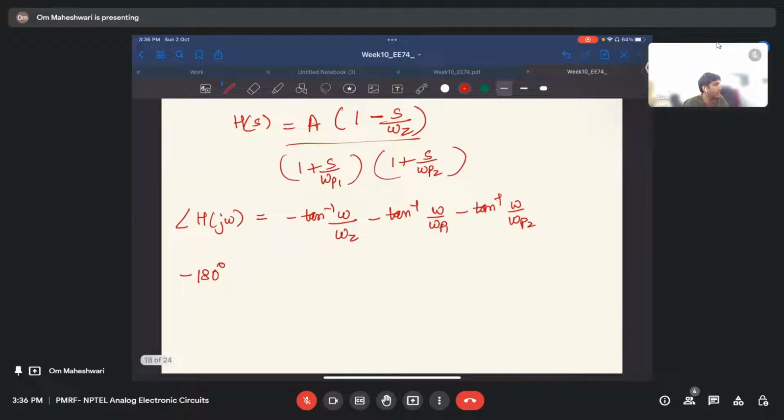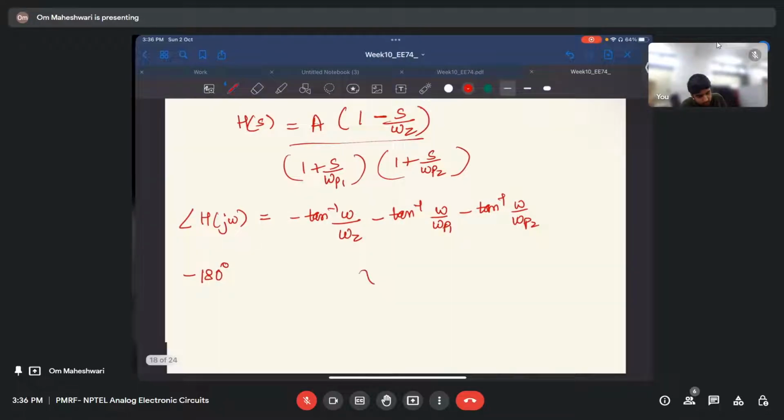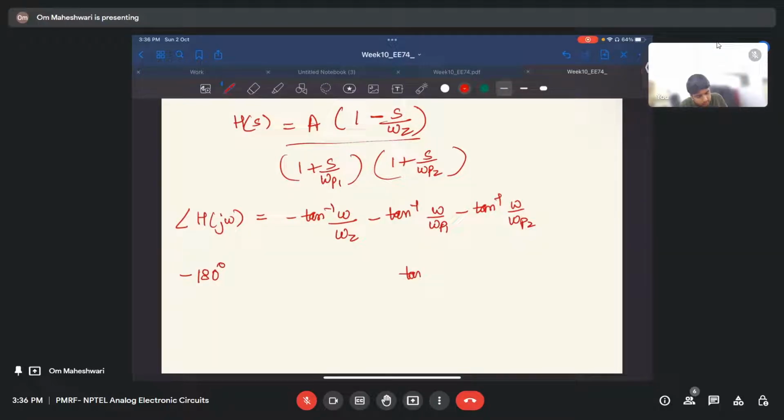First we'll put it as minus 180. We know that tan inverse x plus tan inverse y equals tan inverse of (x plus y) upon (1 minus xy).